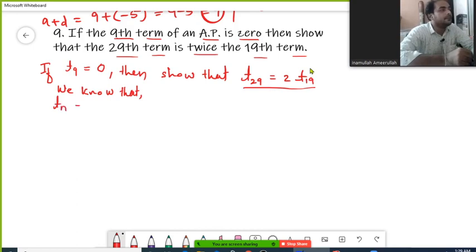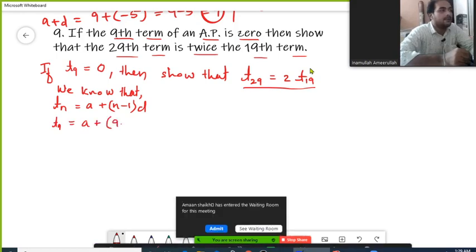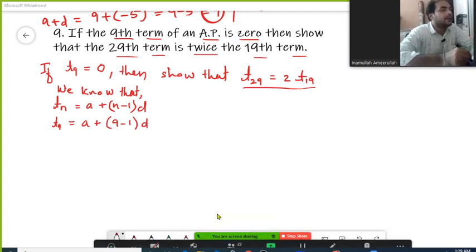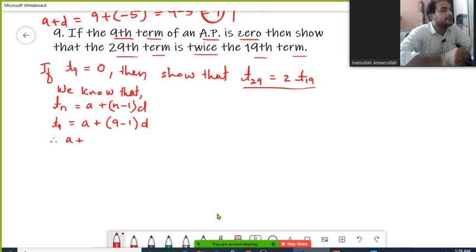As per this formula, we shall find T9 first. T9 is a plus 9 minus 1 into d, that is a plus 8d, and this can be replaced with 0 because T9 is 0 according to the question.